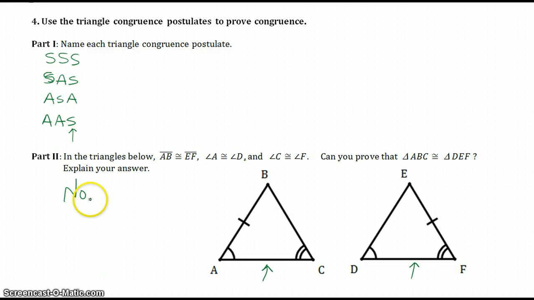So one way you could explain that is to say that we don't satisfy any of the four postulates. Another way you could say is, what would you need?